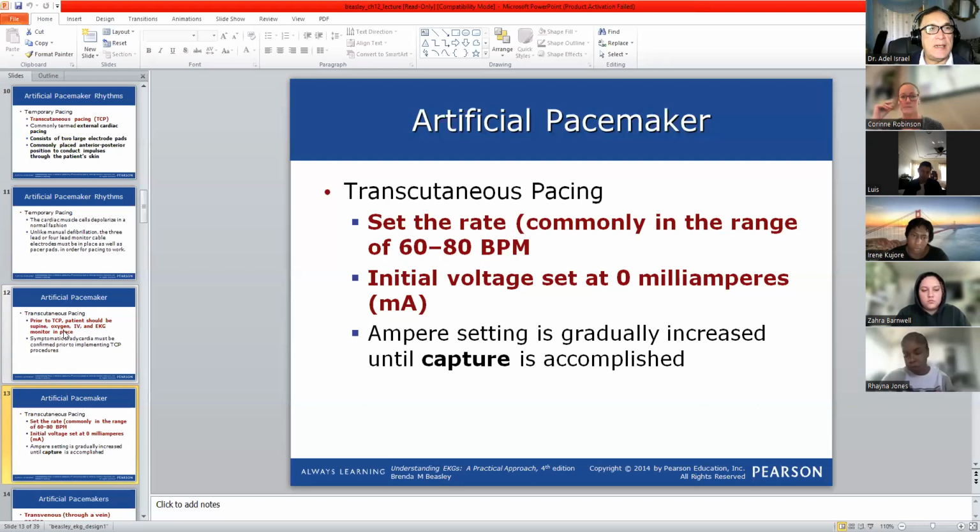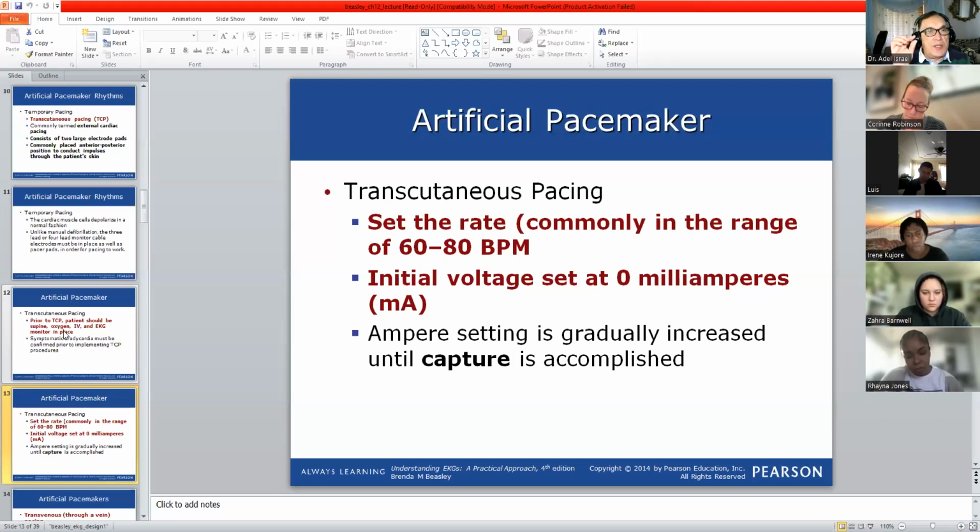Pay attention, Rihanna. This is adjusted to 0 milliamperes. 0. Why? Because we don't know the threshold, if you remember what we mean by the word threshold before. So I don't know what the threshold of this patient is. So what should I do? I adjust the machine to 0.